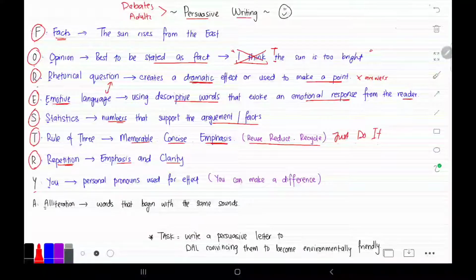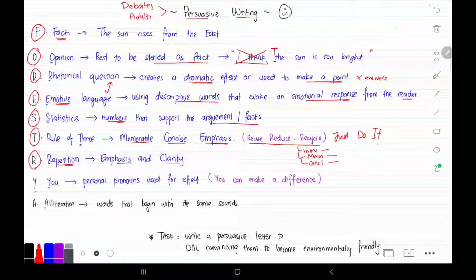You want to kind of give space between your point. For example, you can use the slogan reuse, reduce, recycle in your introduction, use it again in your main paragraph, and then use it again in your conclusion. So whenever your reader is reading your article or your writing piece, he's going to be exposed to reuse, reduce, recycle multiple times, and therefore he will remember it.